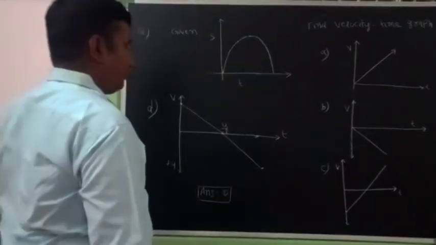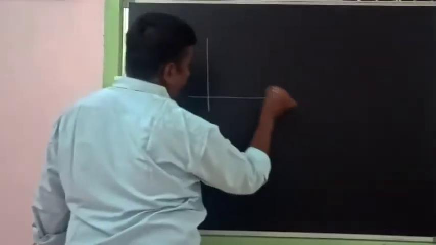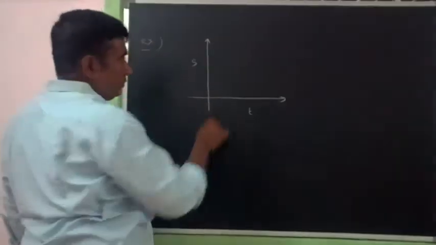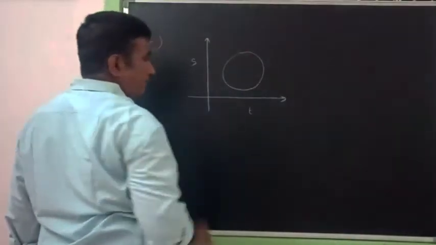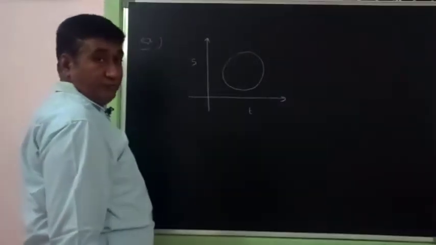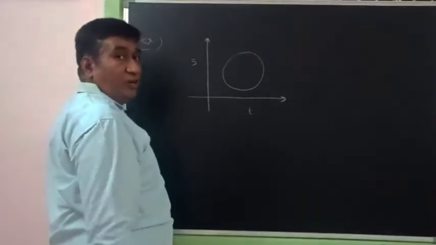So based on this, I can take it as an example: a displacement and time graph. If they have given it like this, is such a kind of graph possible or not?